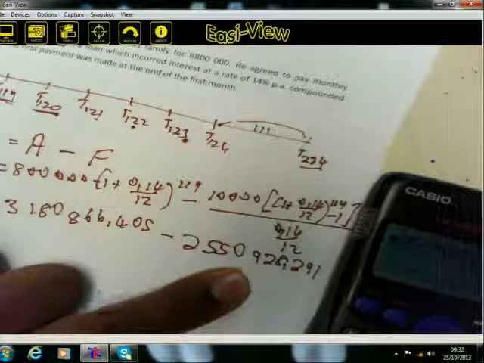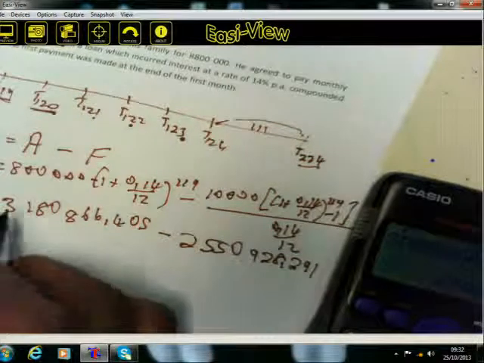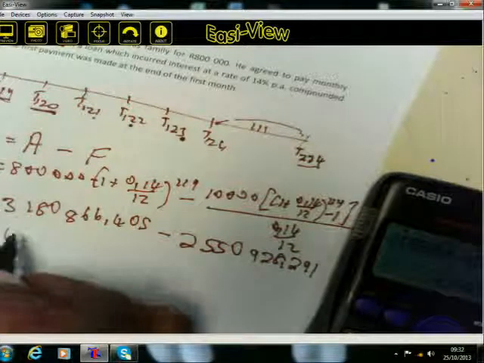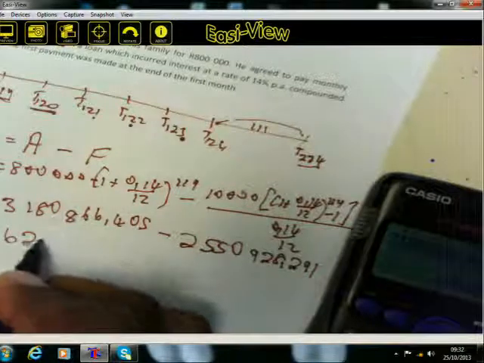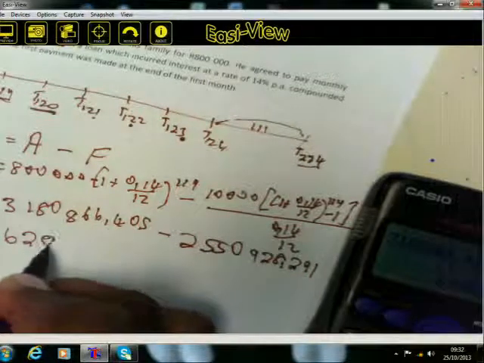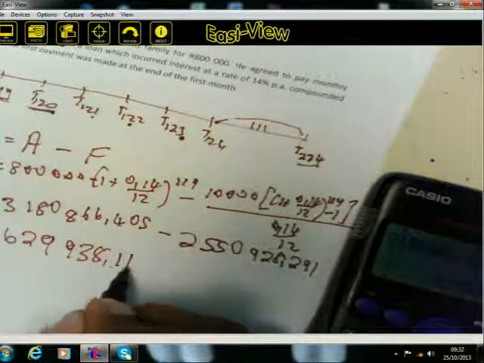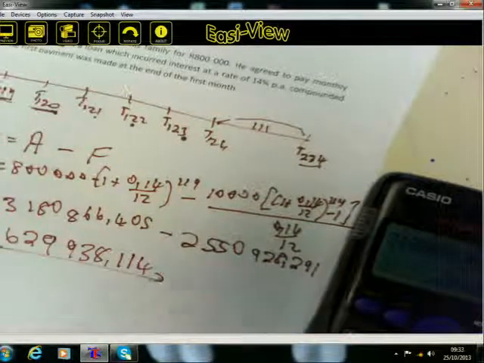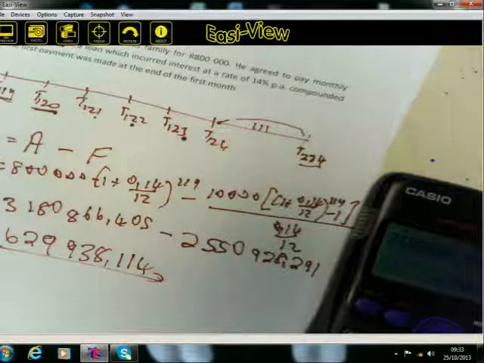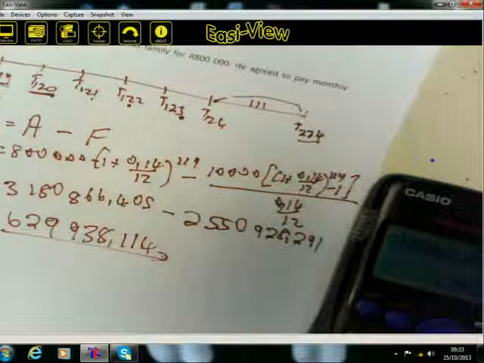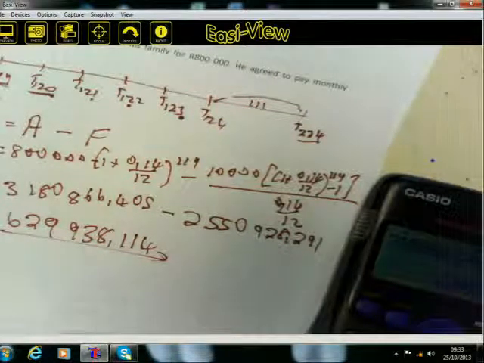Right? What is your answer? Then the answer there is 629,938 rand 11 cents. Right, I think you have the same thing. That is 629,938 rand 11 cents. But good, this is the balance.